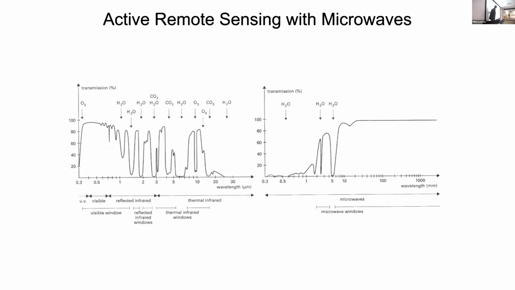But if we go into some of the reflected infrared bands or the thermal infrared bands, then there are these periods where the atmosphere absorbs all of the energy, and that's due to things like water molecules, CO2 molecules in the atmosphere, ozone, and other things. And actually, it doesn't start to become completely transparent again until we get into the microwaves.